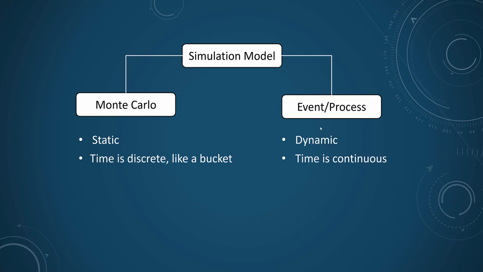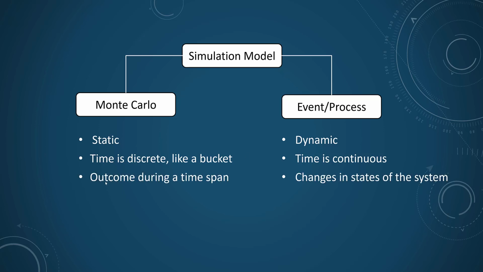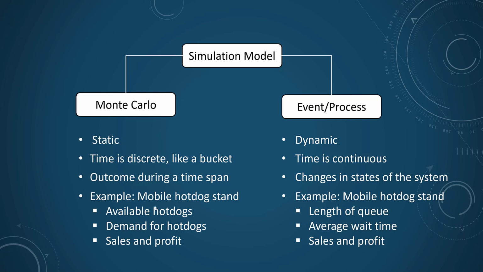So that's dynamic or discrete event simulation, or simply event simulation or process simulation. What happens is the outcome during a specified time span, as opposed to changes that take place in the states of the system over time. Now for an example, say you have a mobile hot dog stand.